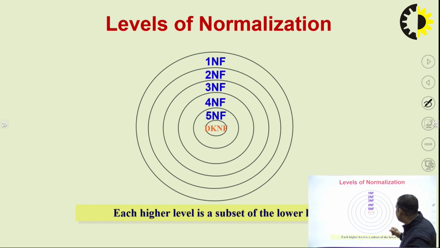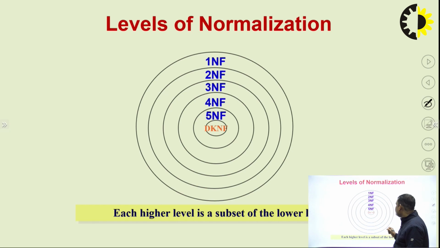Levels of normalization describe the structure of normalization. The first level is first normal form, the second level is second normal form, the third level is third normal form, the fourth level is fourth normal form, and the fifth level is fifth normal form.